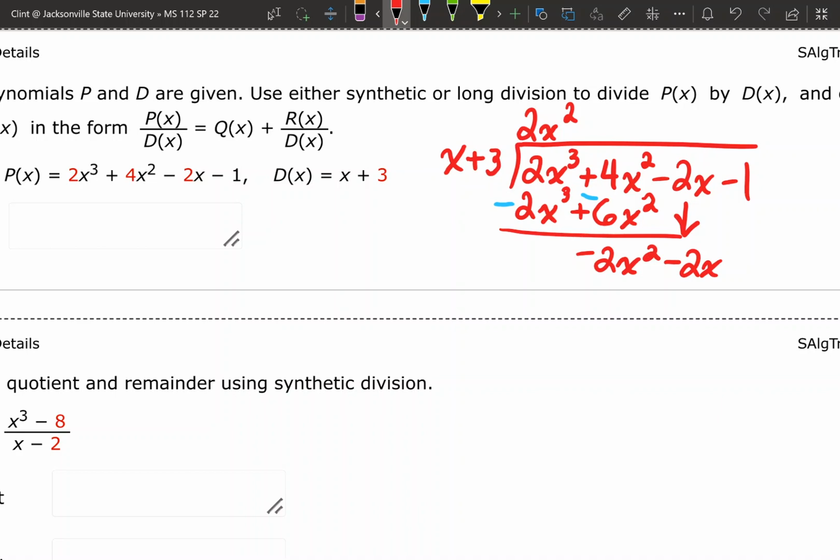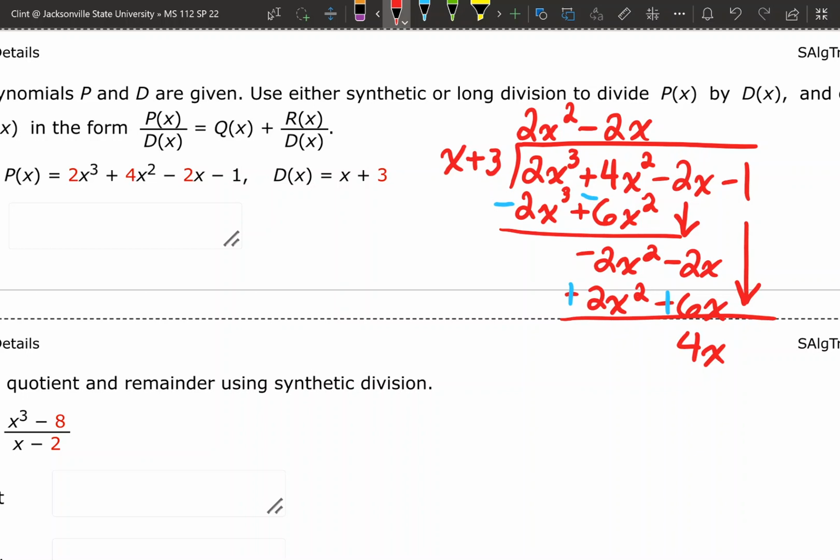So to get from x to negative 2x squared, I know I'm going to need to multiply by negative 2x. And distribute again, so negative 2x times x is negative 2x squared. Negative 2x times 3 is negative 6x. Change my signs. So let's see, negative 2x plus 6x is 4x.